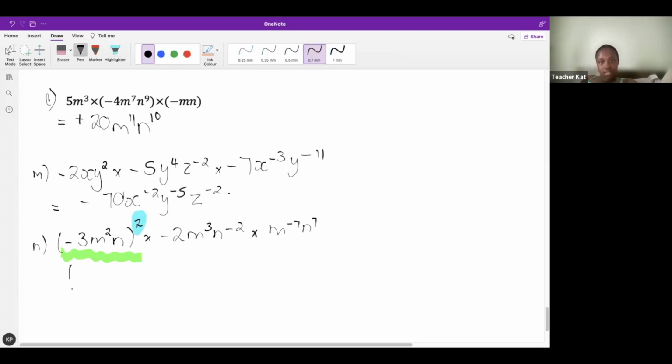So it's the same as saying negative 3m squared n times another negative 3m squared n times the rest of them, negative 2m cubed n to the power of negative 2 times m negative 7 n to the 7.